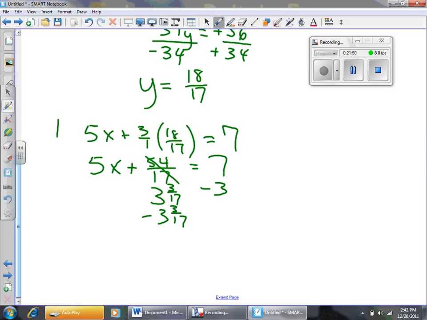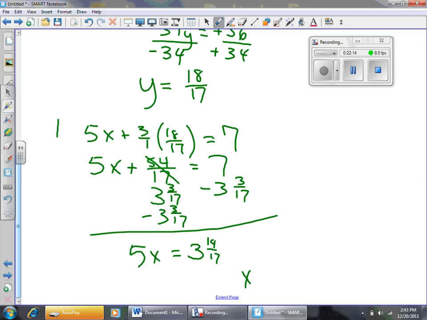Okay, 5x will end up equaling 3 and 14/17. And then I can take that and divide it by 5. Hold on one moment. I'm going to cheat. 14 divided by 17 plus 3 divided by 5. X is going to equal about 0.76, so right around 3/4.